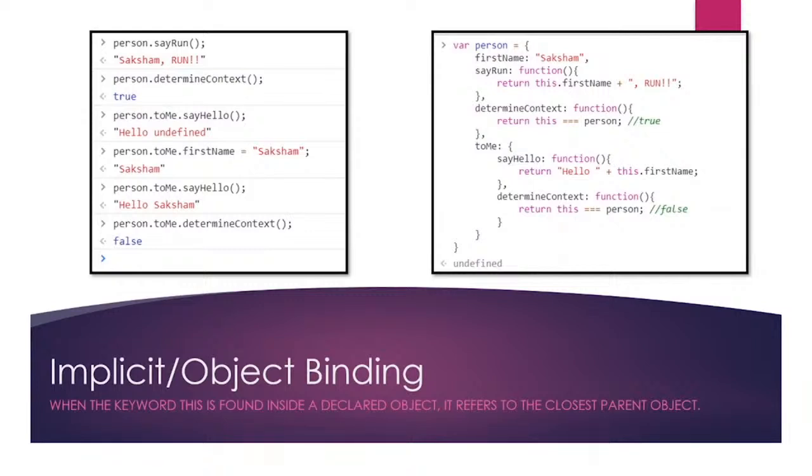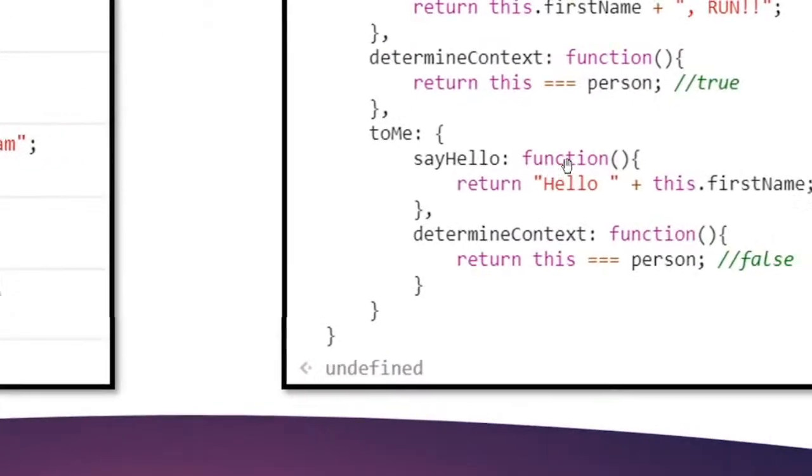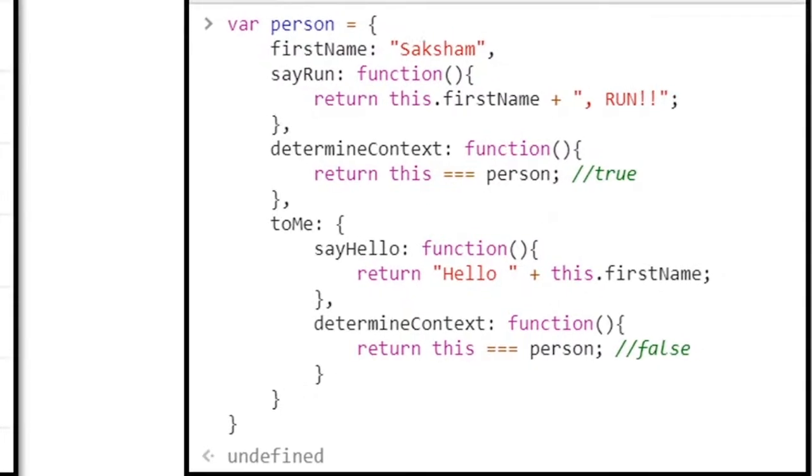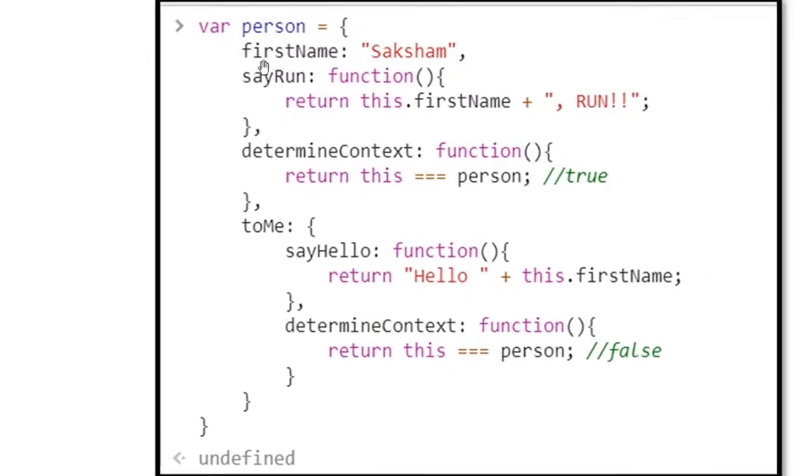Now, implicit or object binding. Here we are seeing an example of an object which I declared. This is person. In it, the first name is Bsc, and run is a method which returns this.firstName plus run. Then there's a separate method which returns a Boolean value, that is this === window.